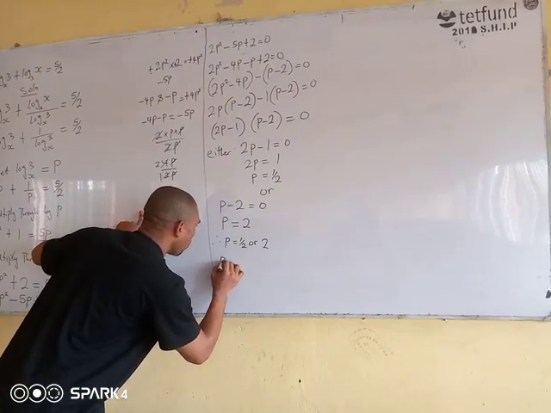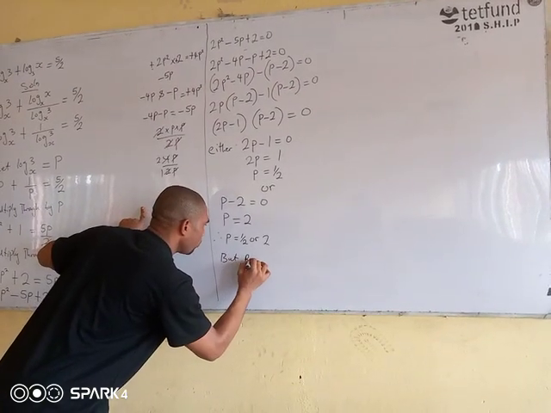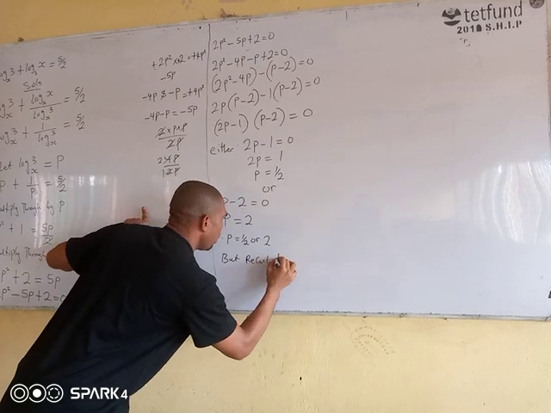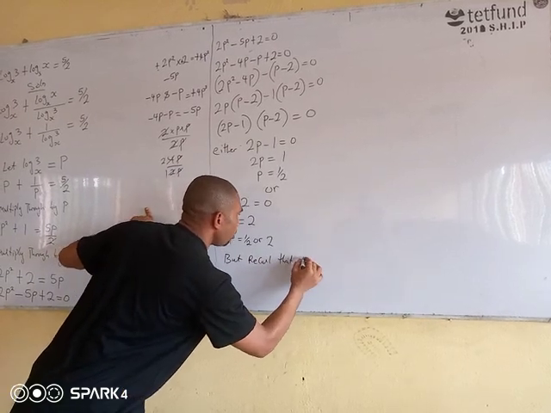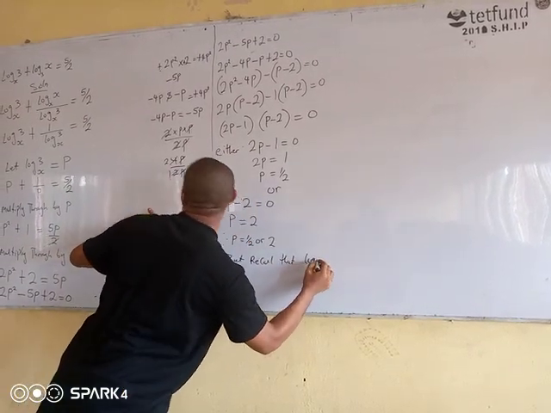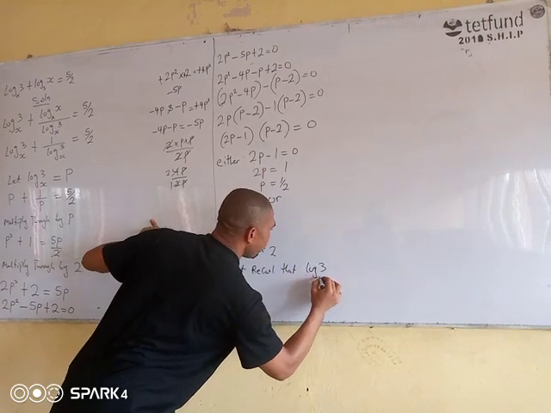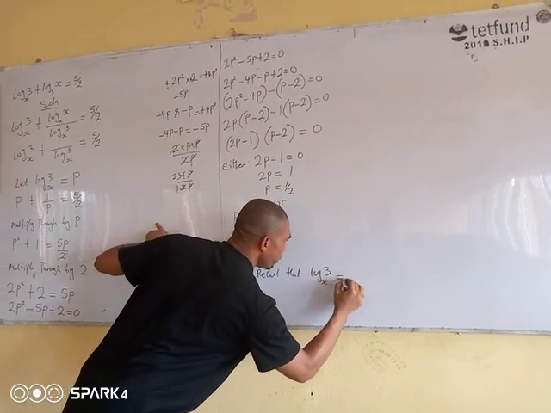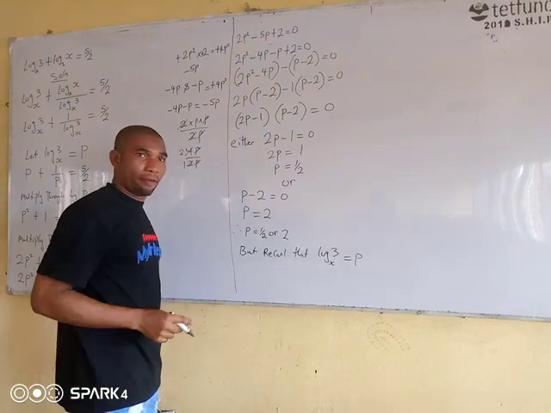But recall that log 3 base x is equal to p.